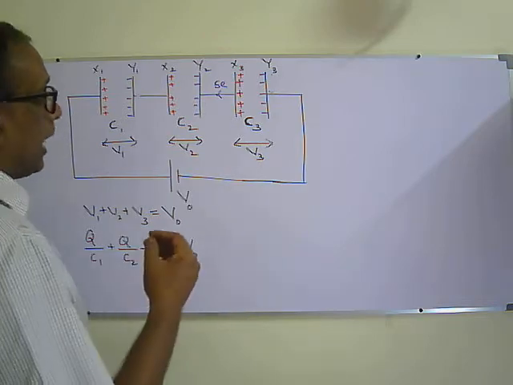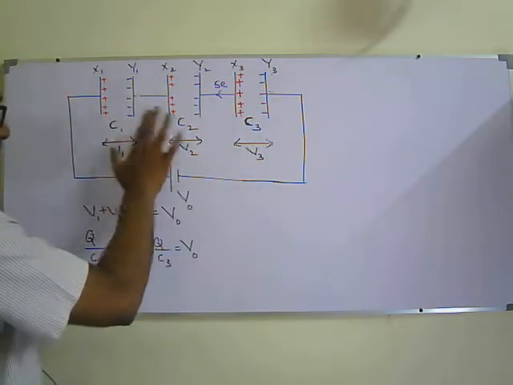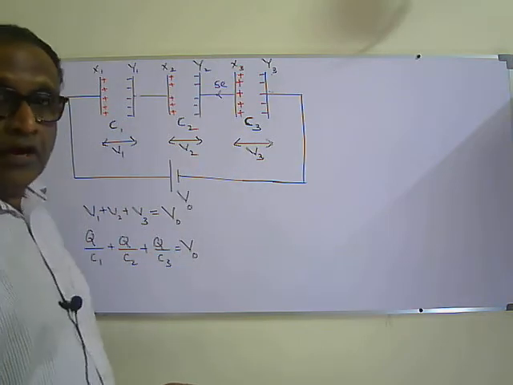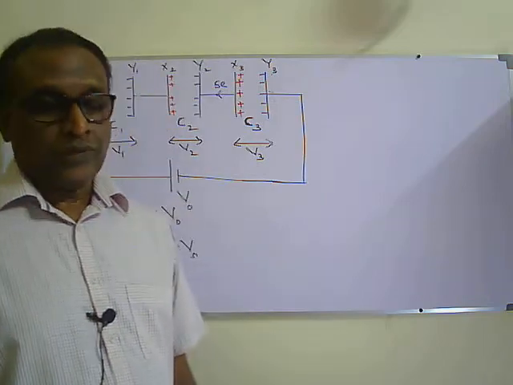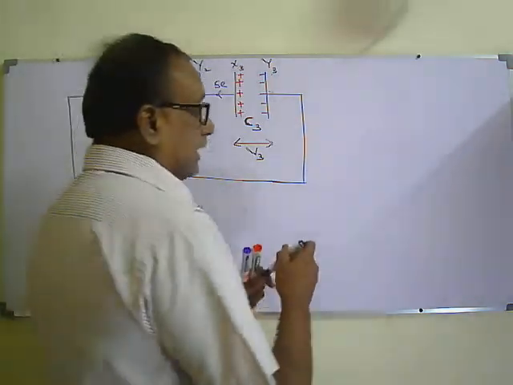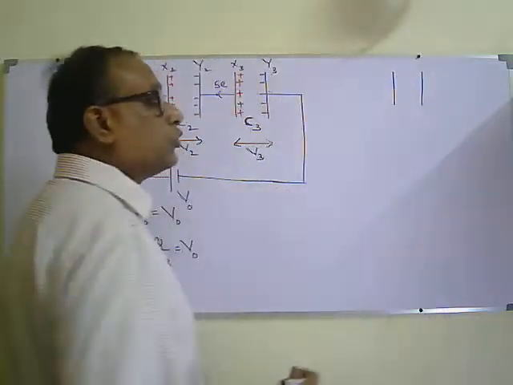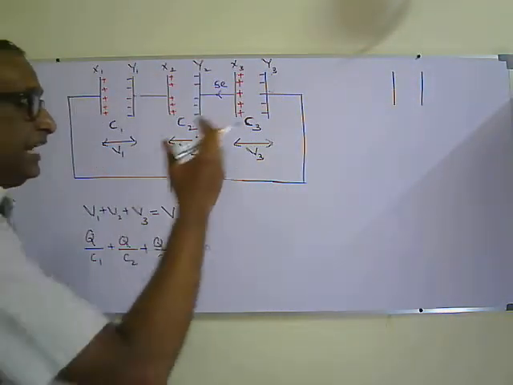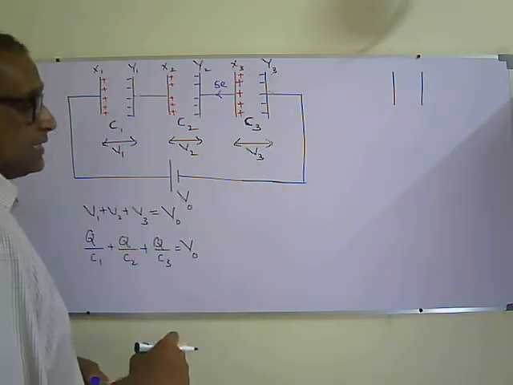Okay, now I can represent all these three capacitances equivalently by a unique capacitor called the equivalent capacitor. So what does equivalent capacitor mean? If I connect that unique capacitor, it means it's equivalent to these three capacitors connected in series.